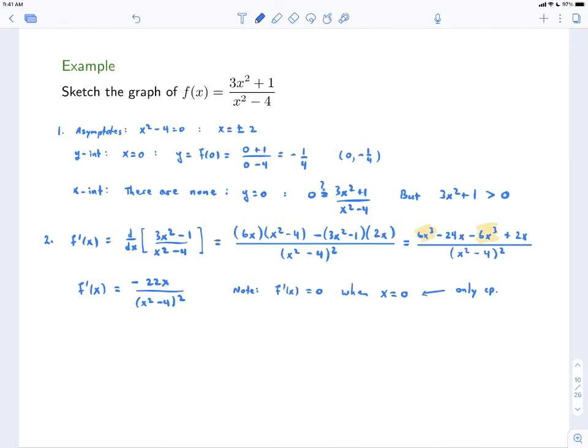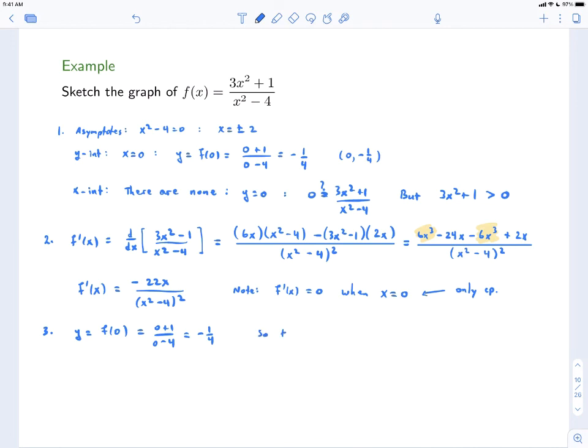Of course, we also want to find the y value that goes along with that. So y is equal to f at 0, but of course that's just 0 plus 1 over 0 minus 4, which is negative 1/4. This isn't a surprise because we already computed our y-intercept, and that's when x is equal to 0. So we already knew that was the answer.